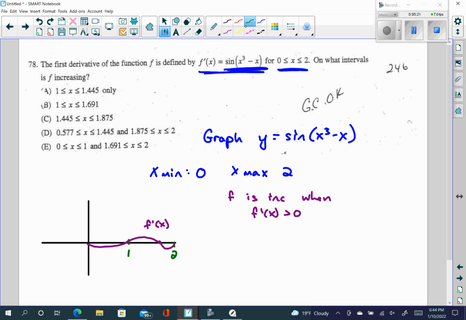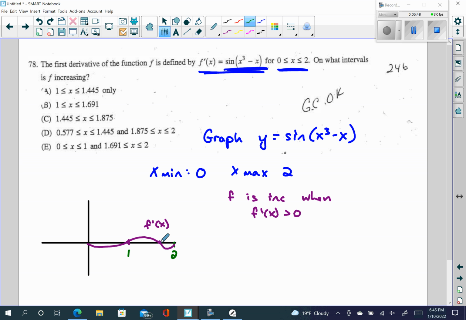So that's going to happen between 1, if you can't tell by looking, let's go into menu 6. Let's find the zeros. So if you go into menu 6.1 and just go to your lower bound, make your lower bound just to the left of this value and then your upper bound just to the right, and it should give you an ordered pair of 1, 0.